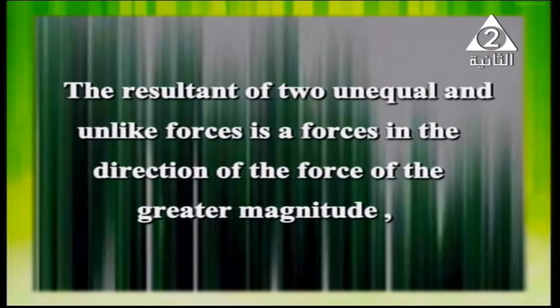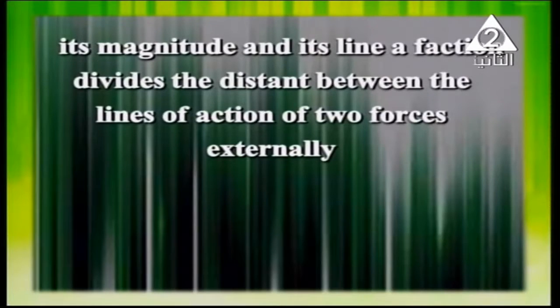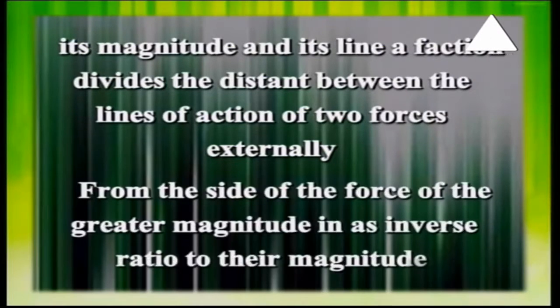Its line of action divides the distance between the lines of action of the two forces externally, not internally, from the side of the force of greater magnitude, in an inverse ratio to their magnitudes.